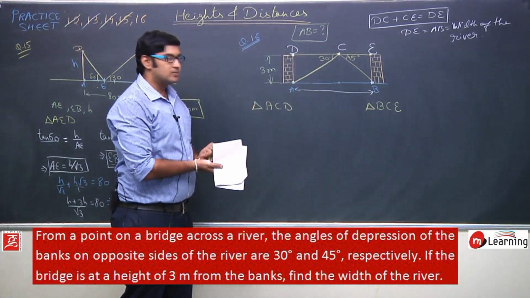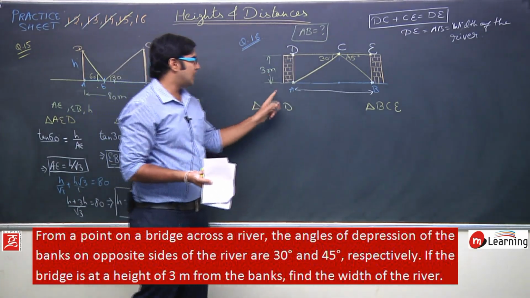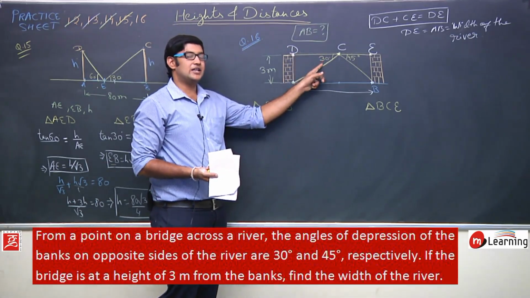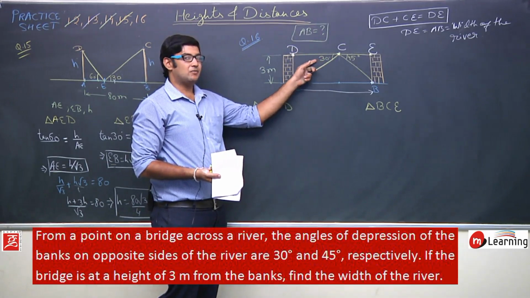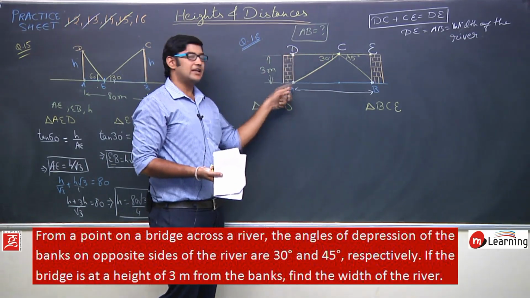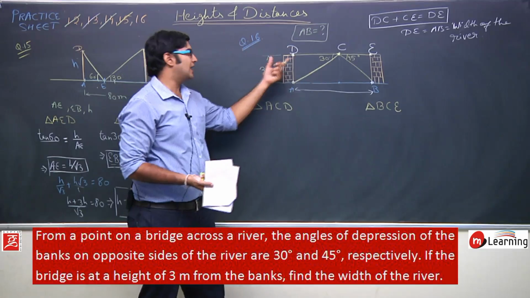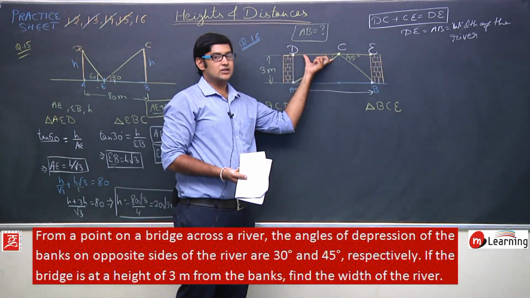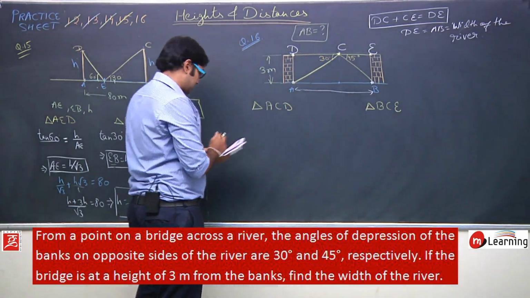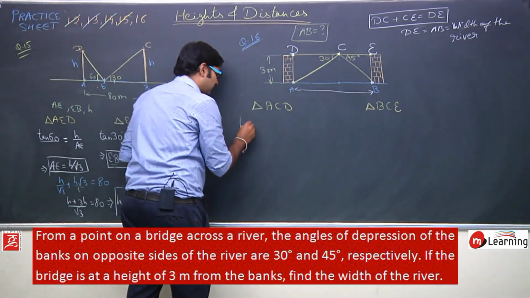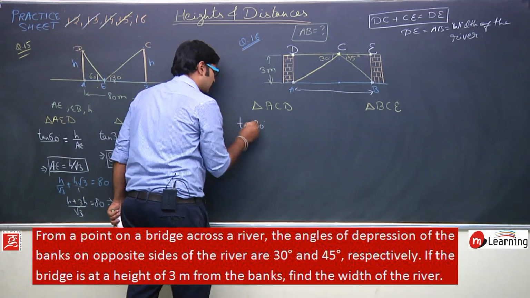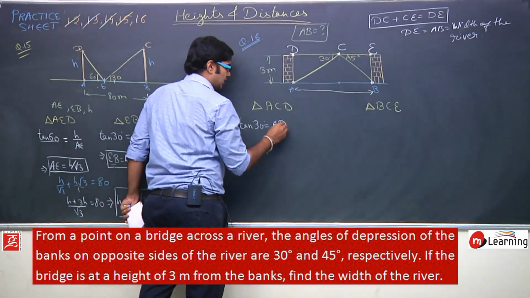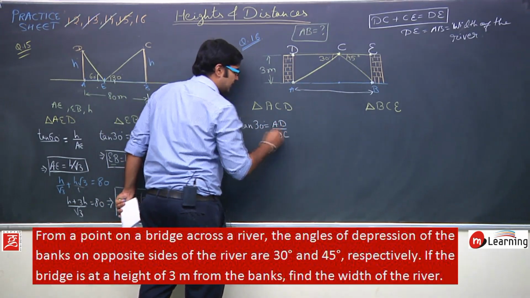Now observe the triangle ACD. In this triangle, this angle is 30 degrees. With respect to this angle, this AD is the perpendicular and this DC is the base. So what is the ratio to relate both the things? That is tan of 30 degrees is equal to perpendicular, perpendicular is AD, upon base is DC.